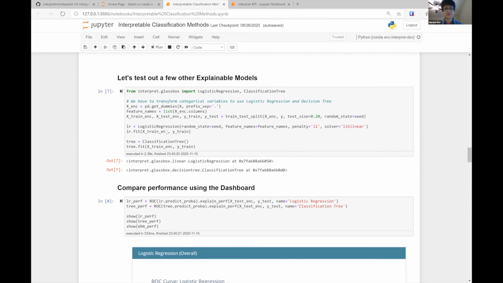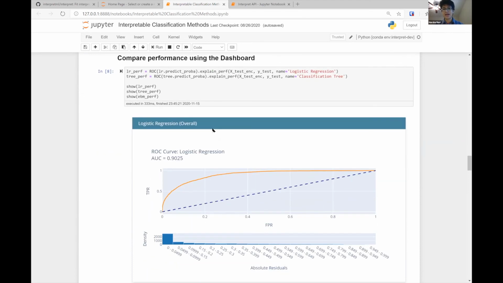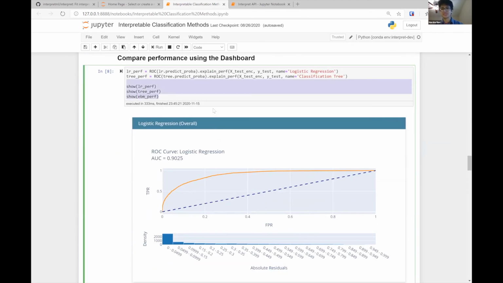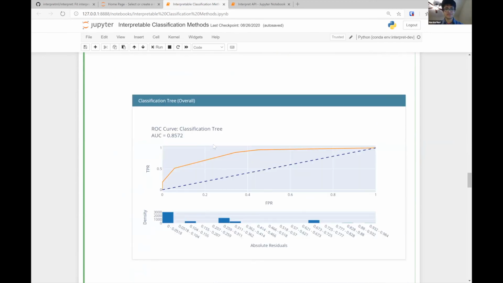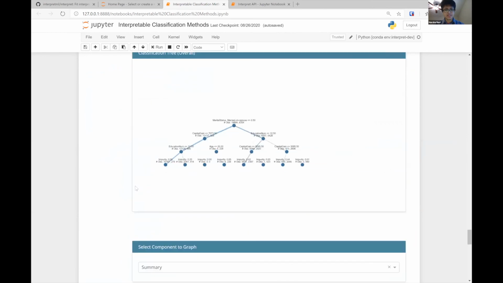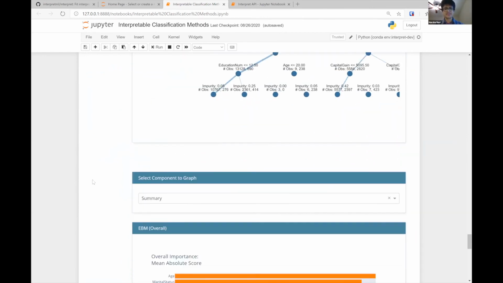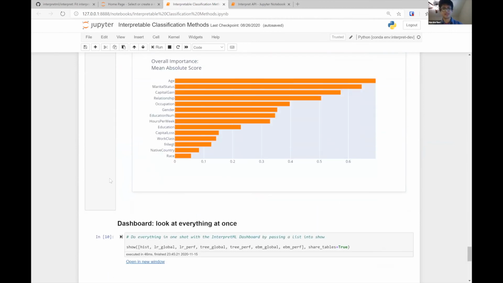And of course, just like we fit an EBM before, you can do the same with things like logistic regression with whatever parameters you want to set for that. Same with simple decision trees. And now start to compare their performance using the tools that we have built in. So one last thing to call out is, we have tree visualizations, anything you might need to really help work with Glassbox machine learning.